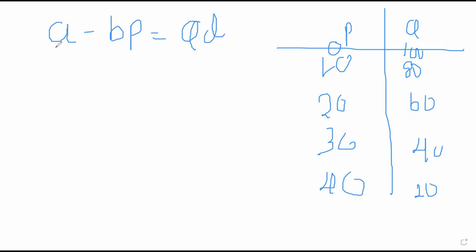Right? So what does it mean by the A? A is equal to the quantity when price equals 0.